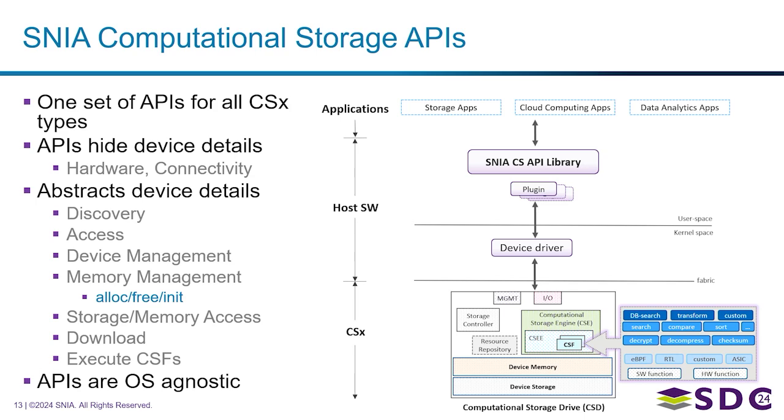They are intended to hide the device details of the hardware or the connectivity, and provide you a library where you have a library function that maps to your specific device, your hardware, and your connectivity connections for that device. So it provides abstract device details.